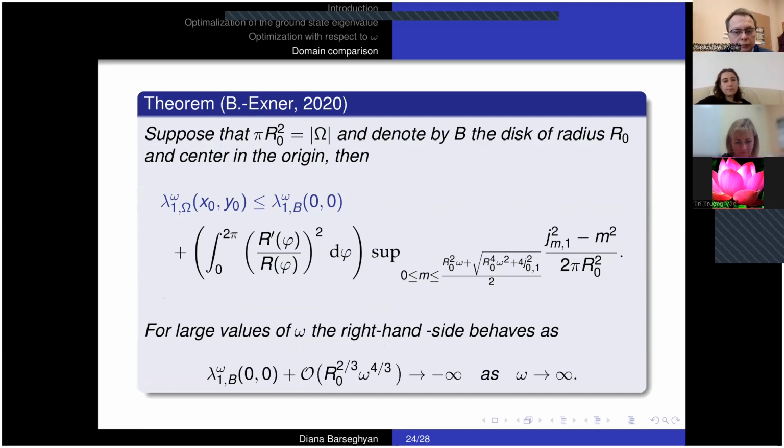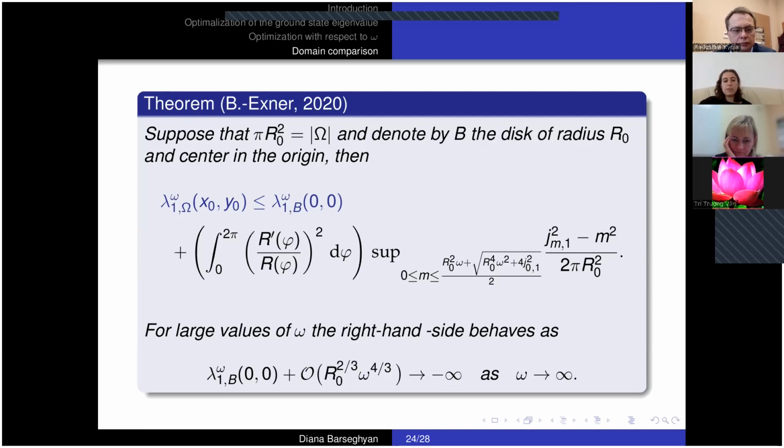Next, please. This is the theorem: if we have the domain omega with its volume, then we consider the disk B with the center at the origin and radius r0, which has the same volume as omega. Then the ground state eigenvalue of our operator defined on omega can be estimated via the ground state eigenvalue of the same operator defined on B, plus something.